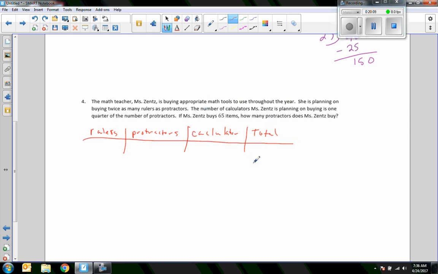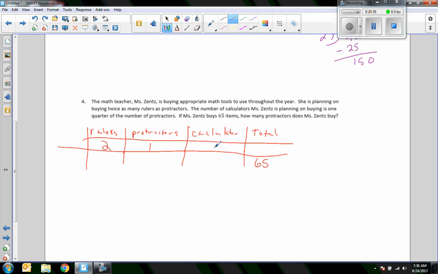Okay, the total is 65 that we're going to come up with. She's planning on buying twice as many rulers as protractors. So if protractors is 1, twice as many is 2 rulers. The number of calculators she's planning on buying is 1/4 the number of protractors.